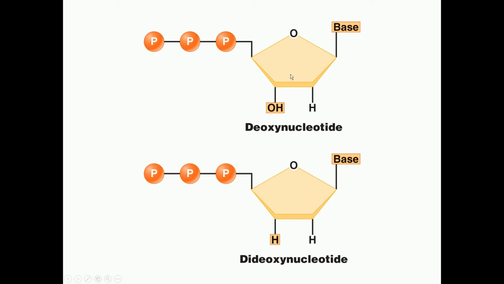This is the 3' carbon, and on the 3' carbon there is an OH group, and this is the 5' carbon. On the 5' carbon is the phosphate group. The 3' carbon having the OH group and the 5' carbon having the phosphate group together lose one molecule of water, and that results in the formation of a covalent bond, which links those two nucleotides.